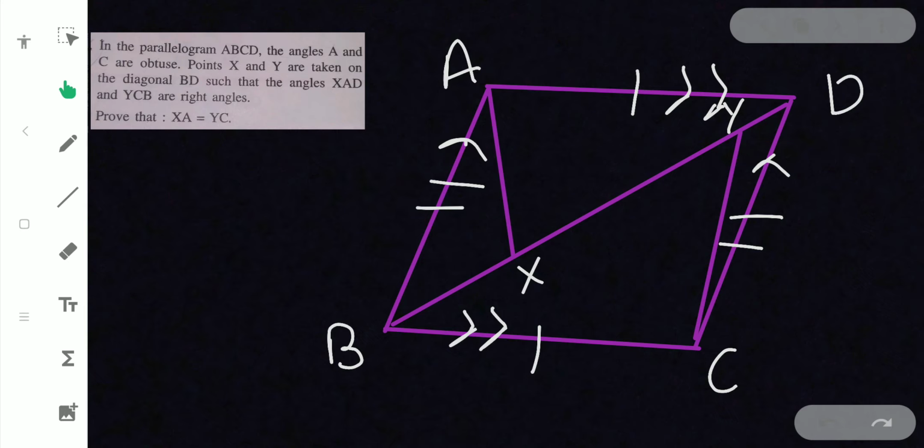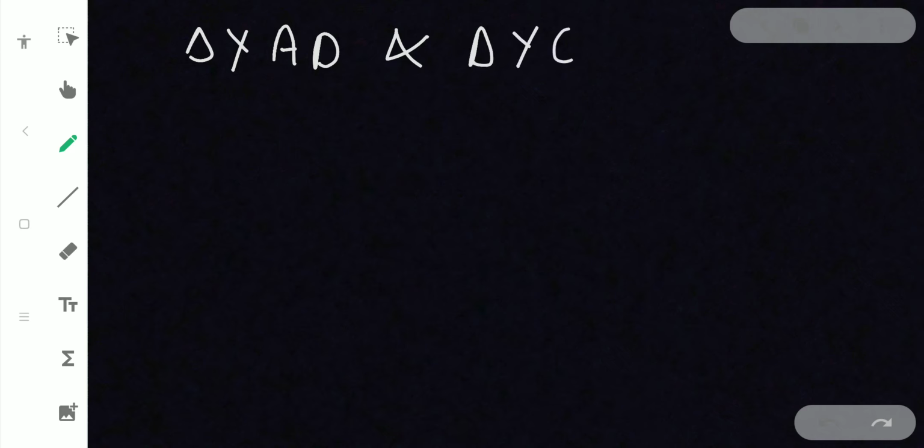So in order to get that, what we have to do, let us see. Now I am writing the working part here. Consider triangle XAD and triangle YCB.